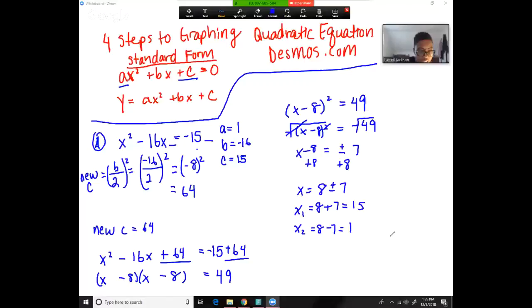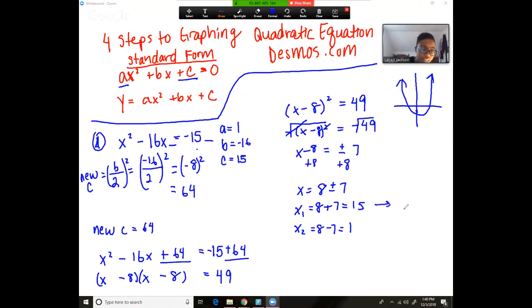So guess what we just did? We just found the x-intercepts of our quadratic equation, our quadratic function. A quadratic can either be facing up or down. On the graph it looks like a parabola, a U or upside down U. And what we just found were the x-intercepts.